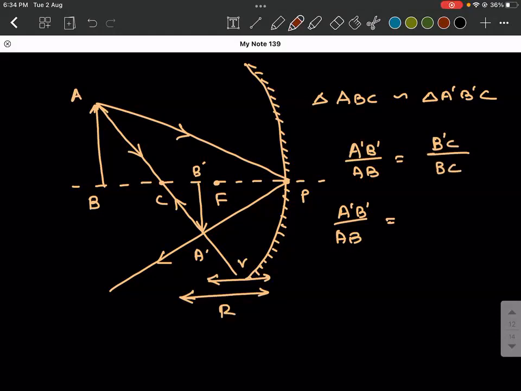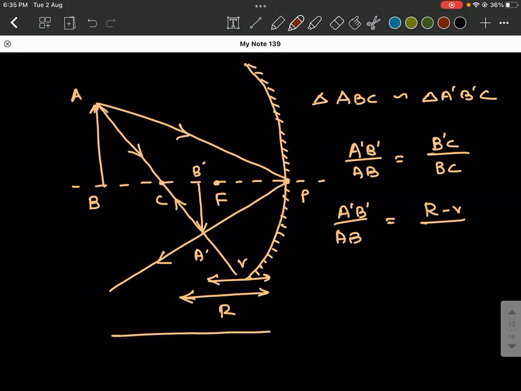Because B dash C is along the horizontal, what is B dash C divided by BC? R minus V by BC. BC is not 2R.